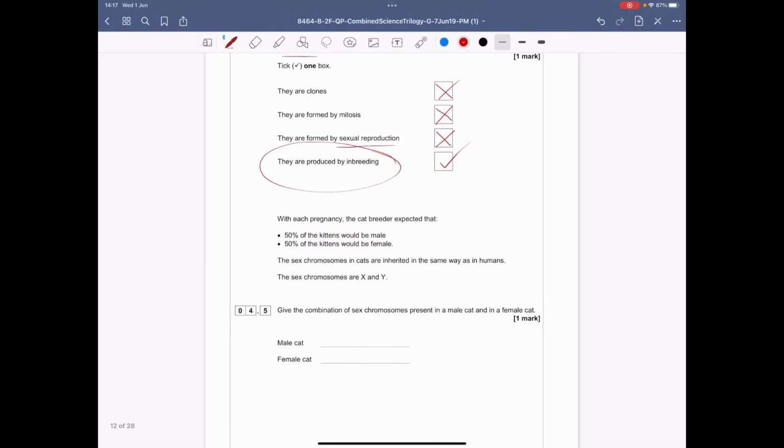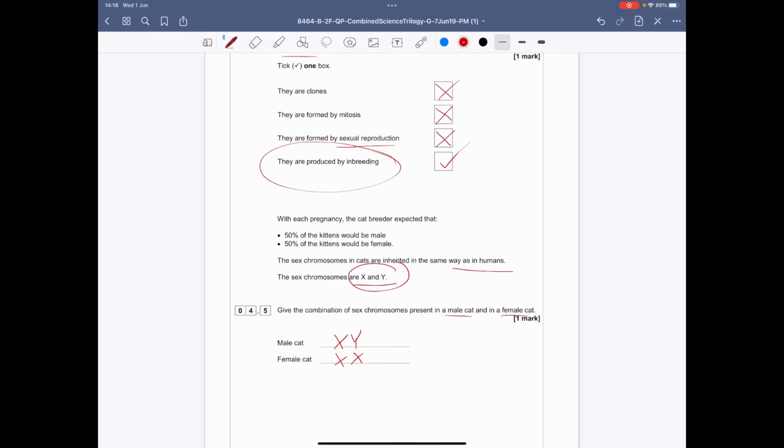With each pregnancy, the cat breeder expected that 50% of the kittens would be male and 50% would be female. The sex chromosomes in cats are inherited in the same way as humans. The sex chromosomes are X and Y. Give the combination of sex chromosomes present in a male cat and a female cat. Well, it doesn't matter that we're talking about cats, it's the same as humans. So a male cat would have the XY combination and a female cat is XX.